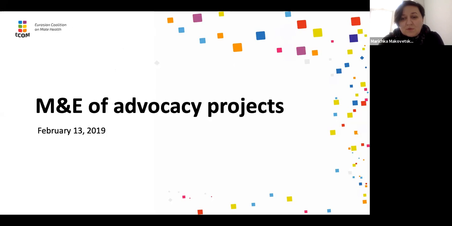Our webinar will have 4 blocks. The first block will be the difference between different components of an M&E system. The second block will be dedicated to indicators and how to form and prepare good indicators for your M&E framework. The third part will be dedicated to M&E of advocacy projects.